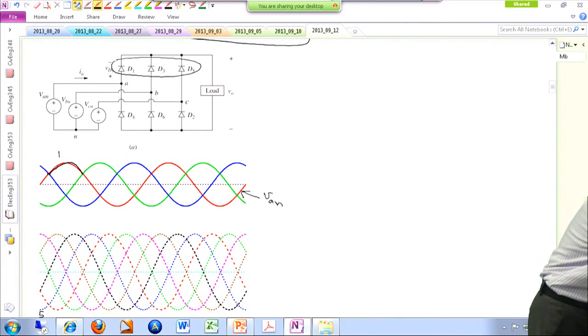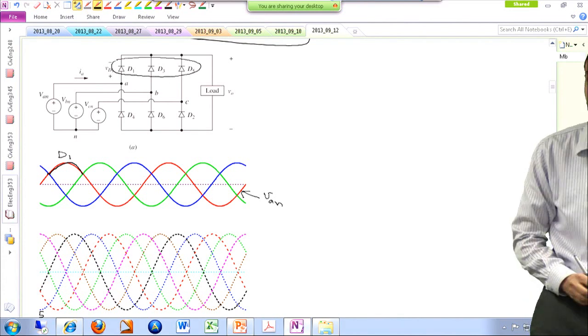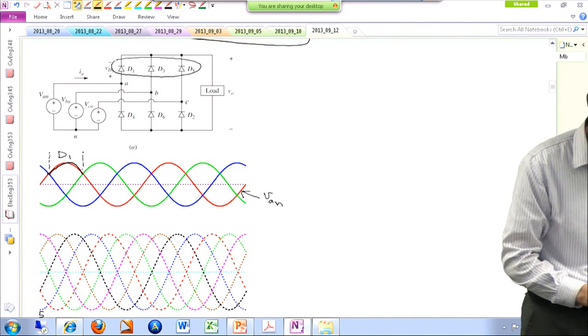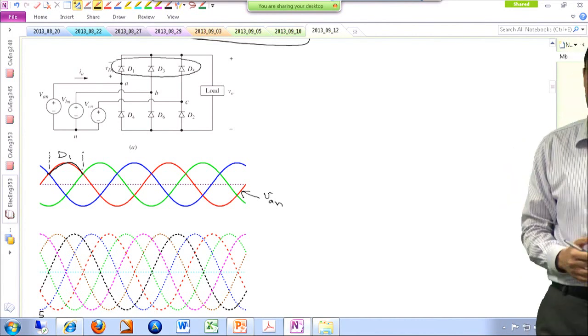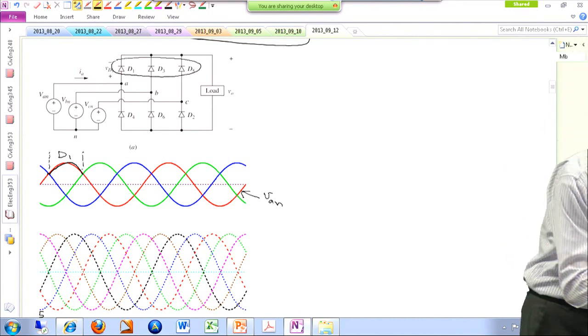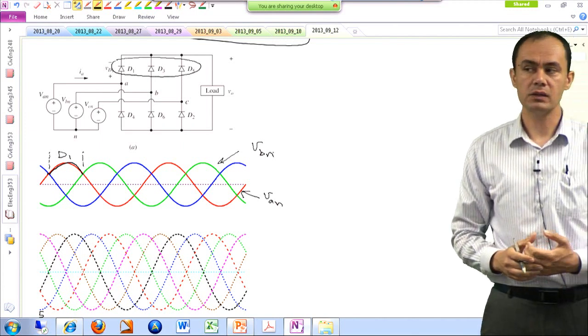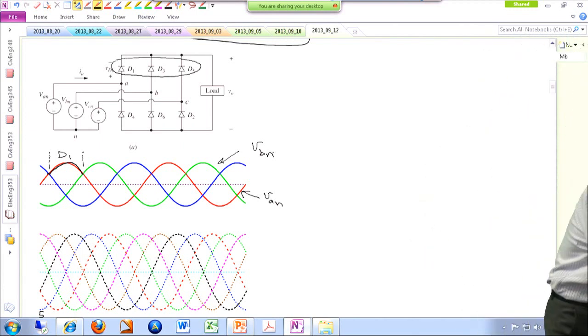That means D1 is going to be on. Okay? So this is starting from here all the way down to here. Then after this point, the green one is the largest one, and green was VBN. So if you look at the schematic, D3 is connected to VBN. So from here to here, D3 is going to be on.